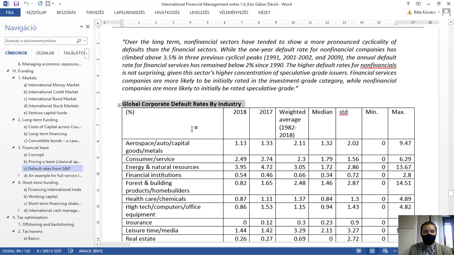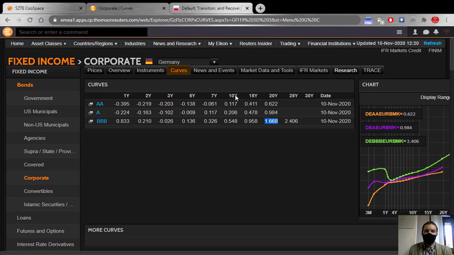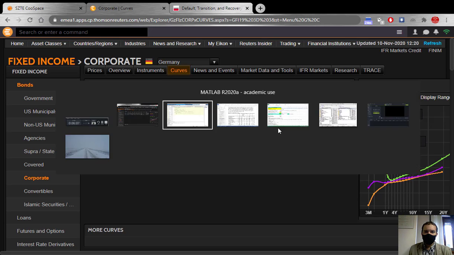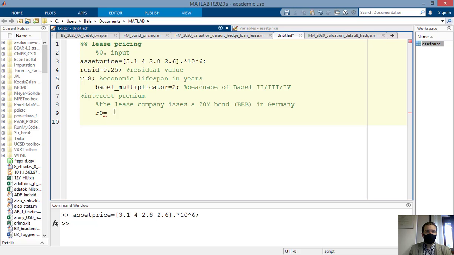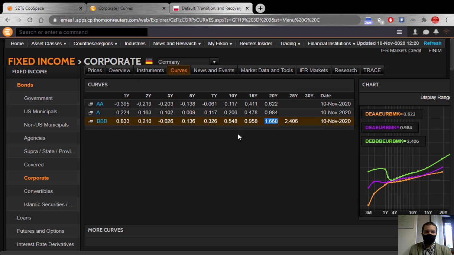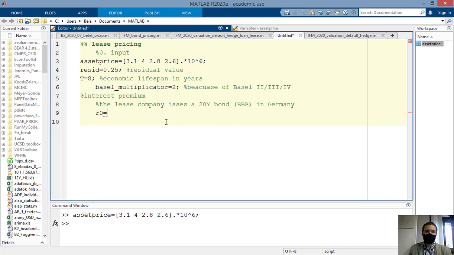Germany, and in this case the yield would be something like this.